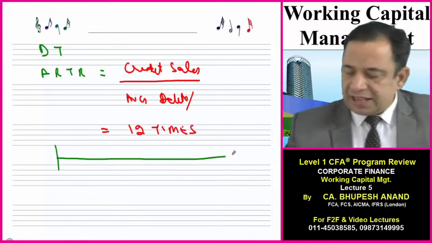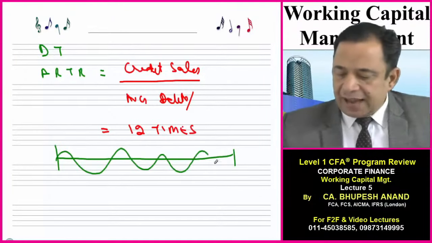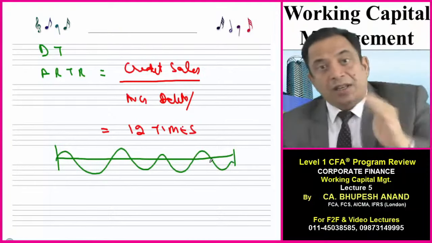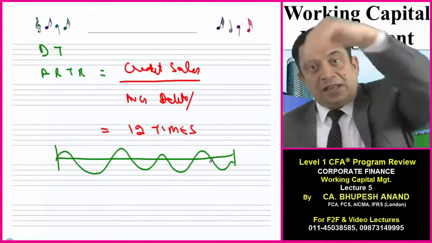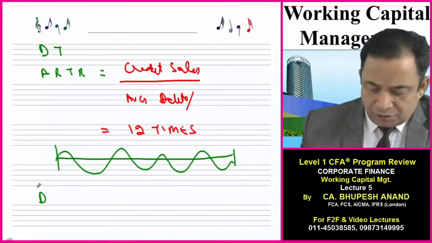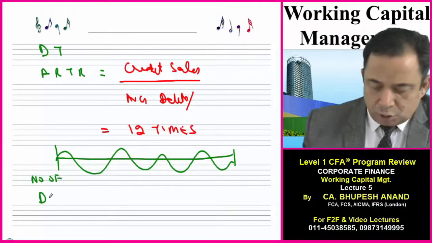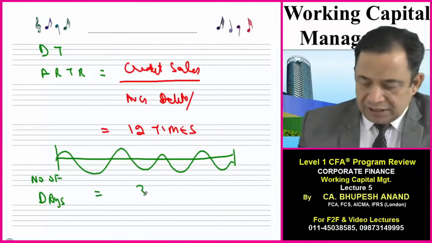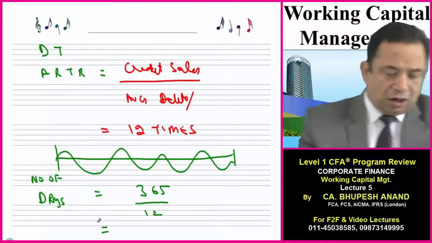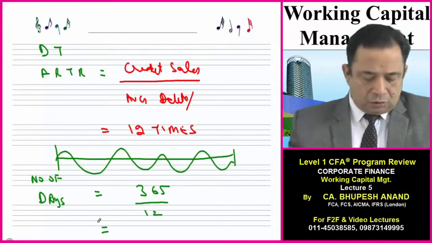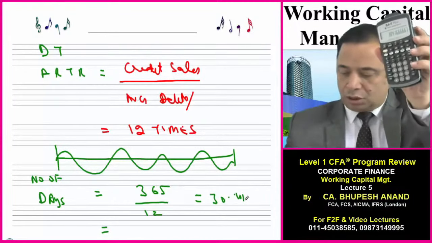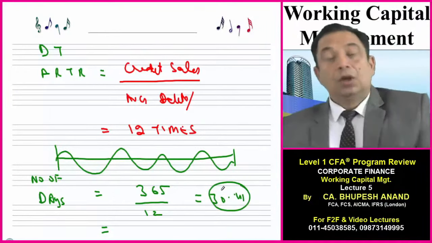It implies that in a year, in a 12 months period, it turns 12 times, that is, old debtors are converted to new and new to old. If I want to calculate in number of days, then 365 upon 12 comes to 30.41.